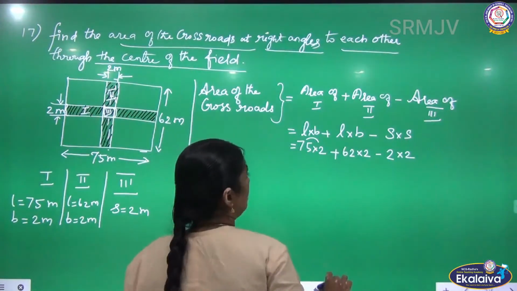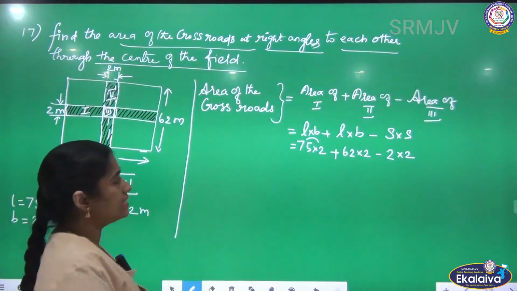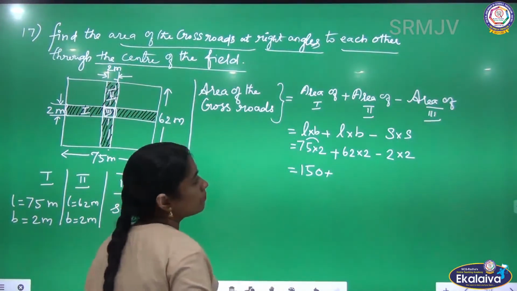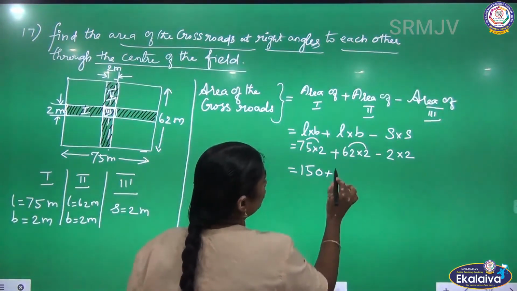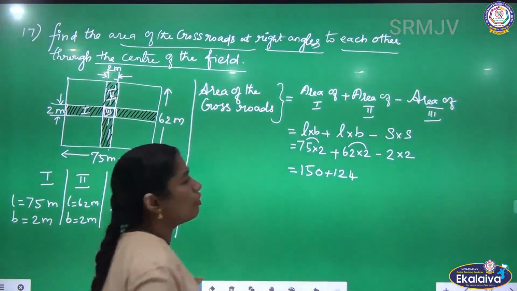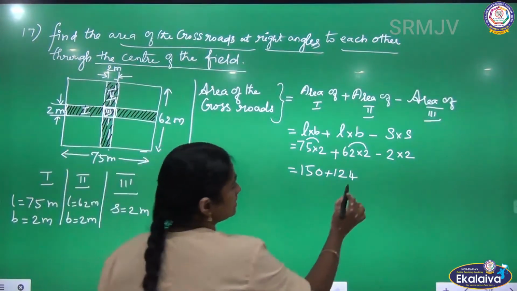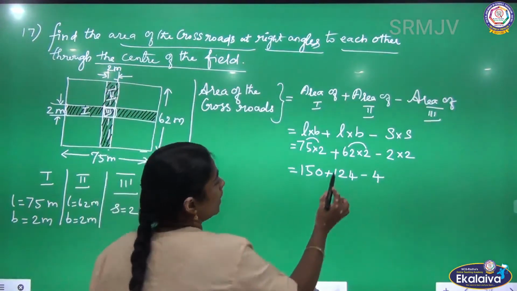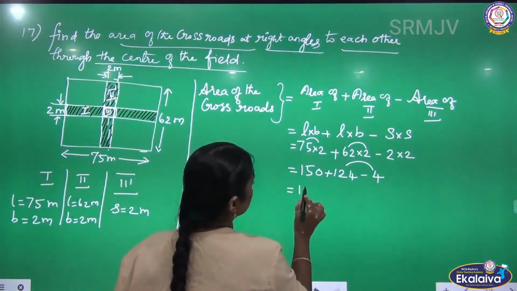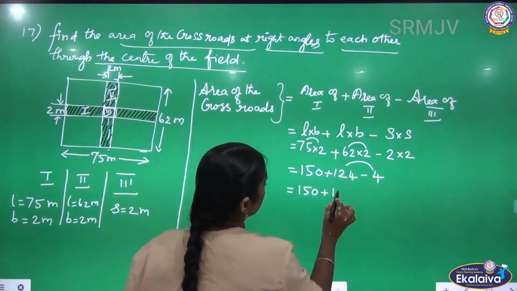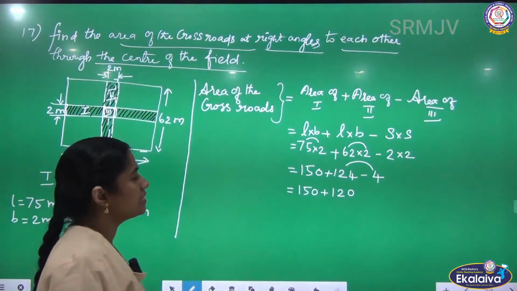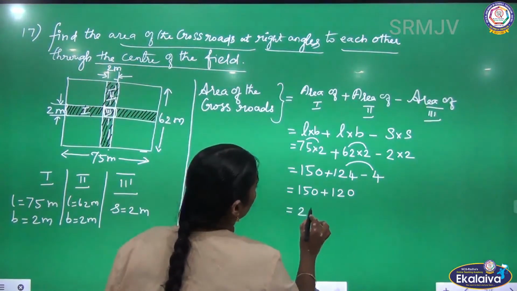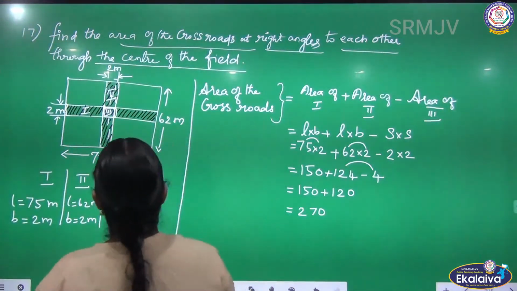Listen, 75 into 2, what is the answer? 150, plus 62 into 2, which is 124, minus 2 2s are 4. Can you clear this? When I am subtracting these two, what is the answer? 150 plus 120. Is it clear? So 150 plus 120 is 270. What is the unit given here?